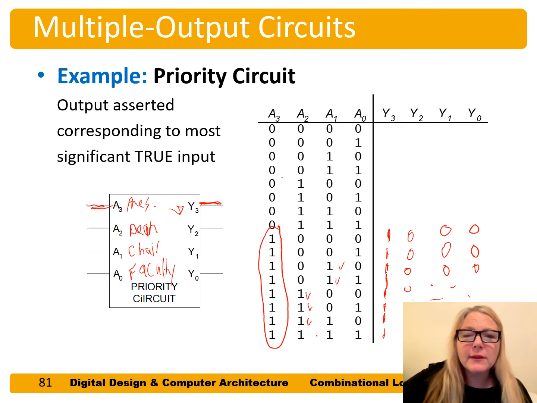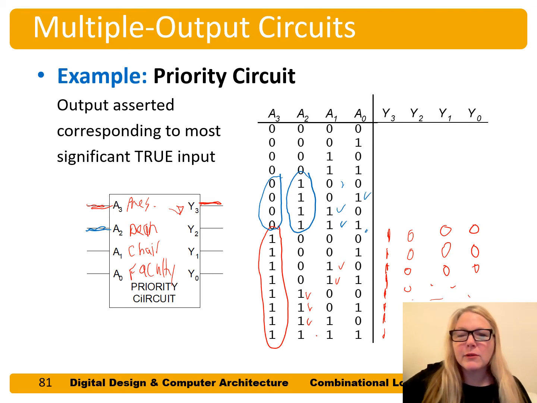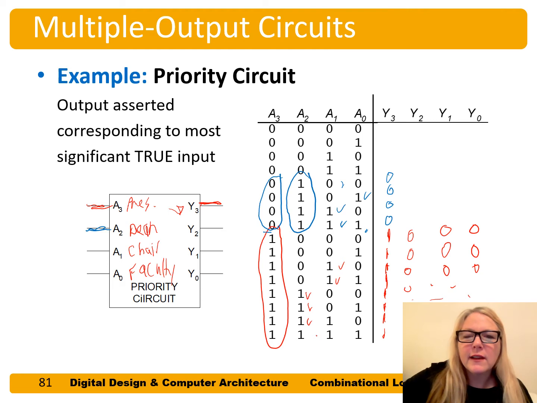But if A3 is 0, and the next highest priority input goes high, so in this case the dean says, actually I'd like to use the auditorium. Doesn't matter what the lower priority inputs are, they happen to be requesting it in some cases. The president didn't want it, so there's a 0 there. Again, we can put our line here to keep alignment.